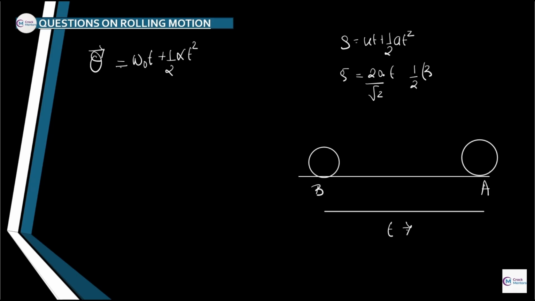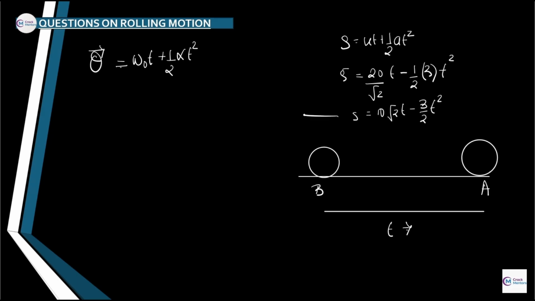After solving this equation, we are going to get the value that we were expecting. What is that value? 5, which equals 20 upon root 2, which can be written as 10 root 2 t minus 3 by 2 t square. After solving this quadratic, we are going to get the time.